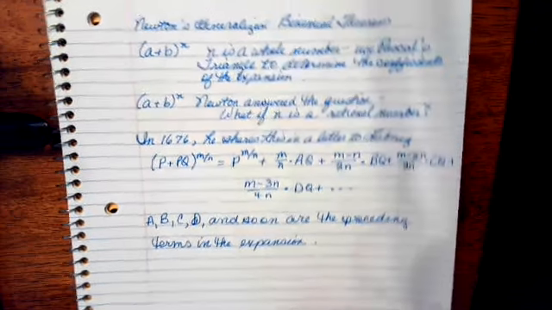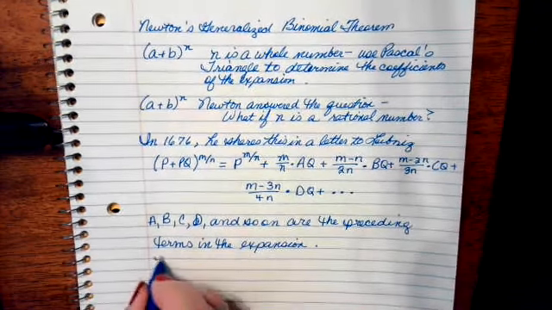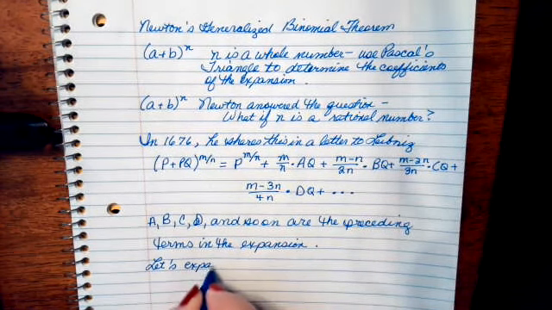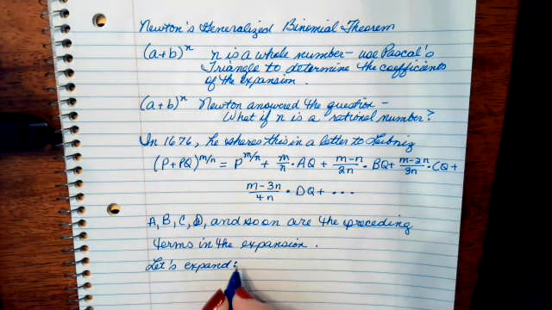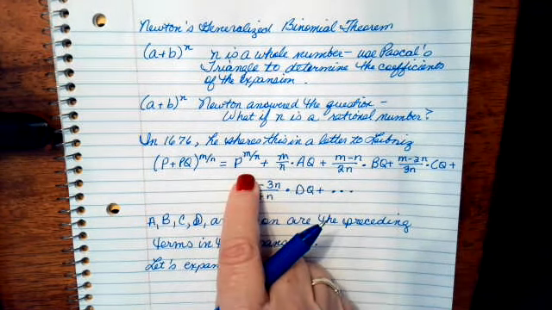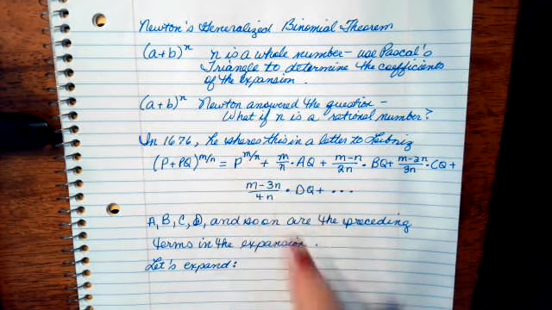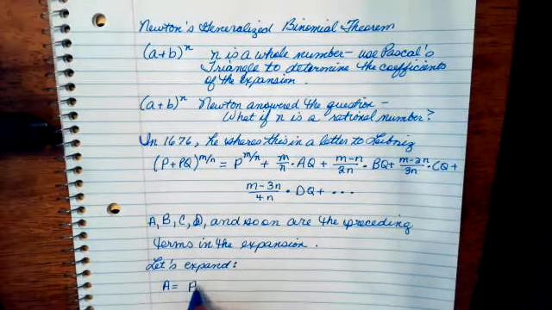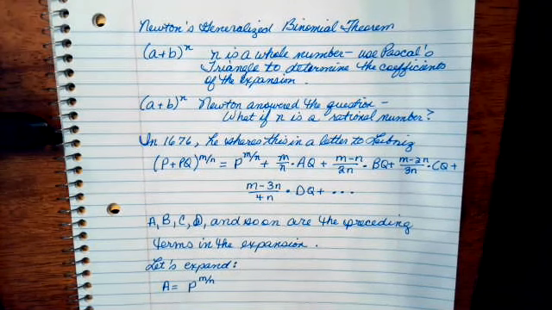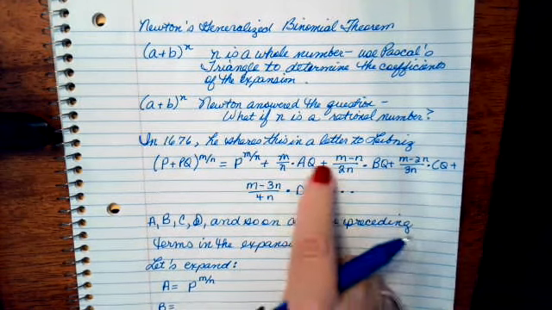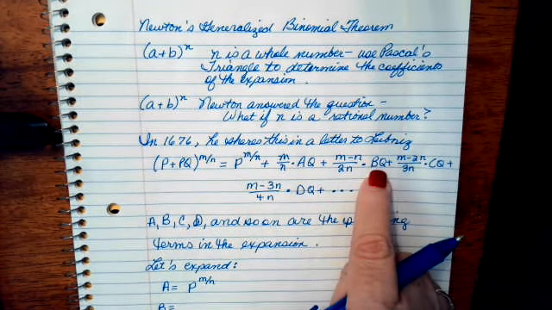Okay, so let's expand it. All right, A is the preceding term, which would be P raised to the m over n power. Okay, B, there's B. It's in the third term.